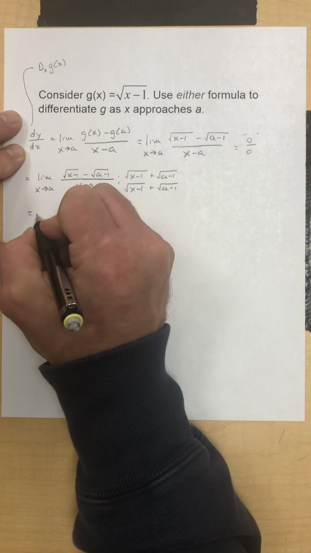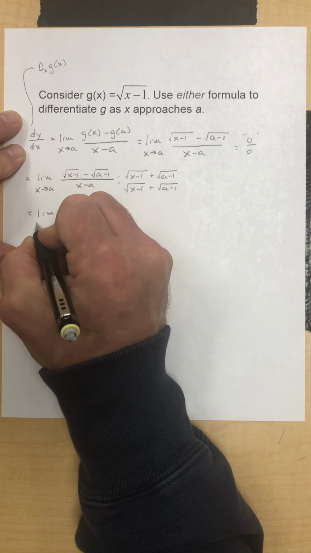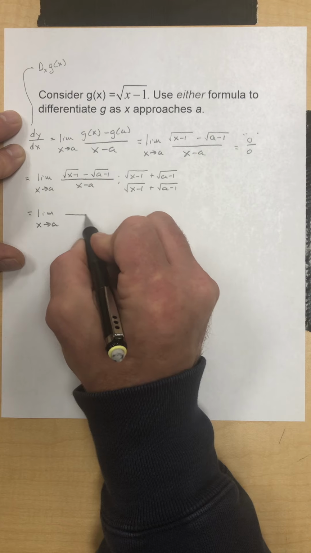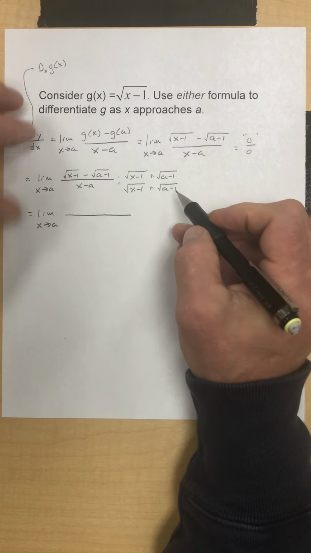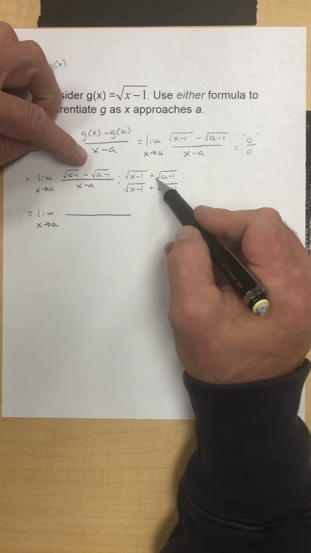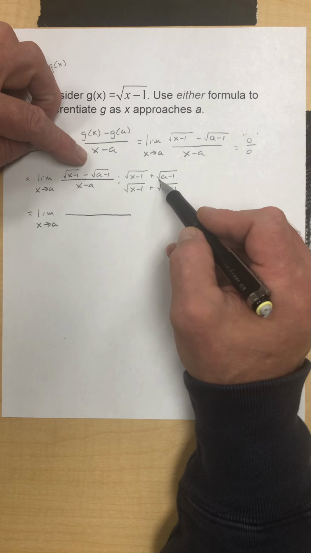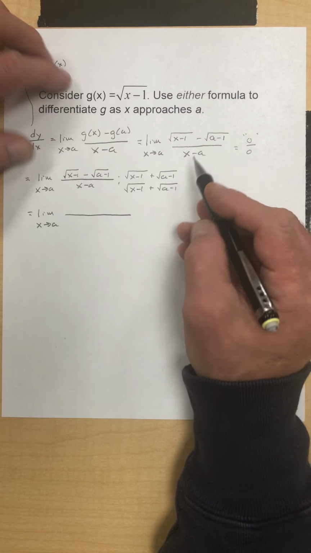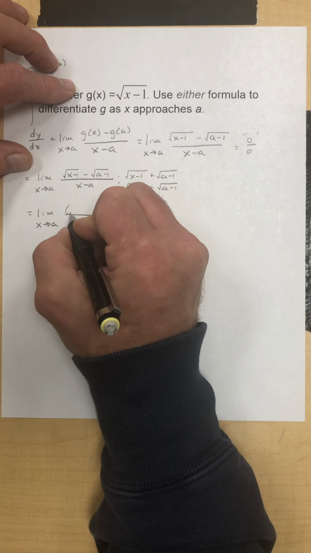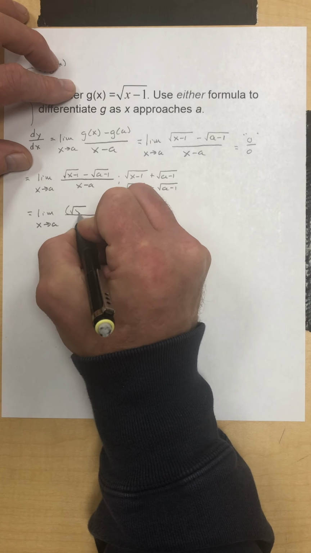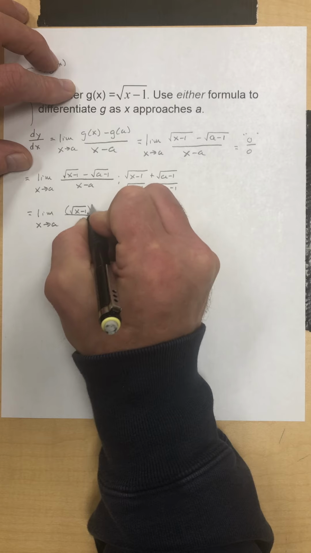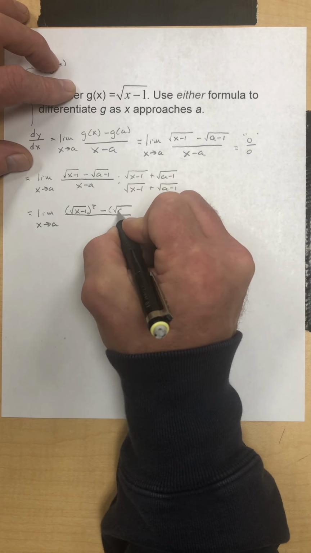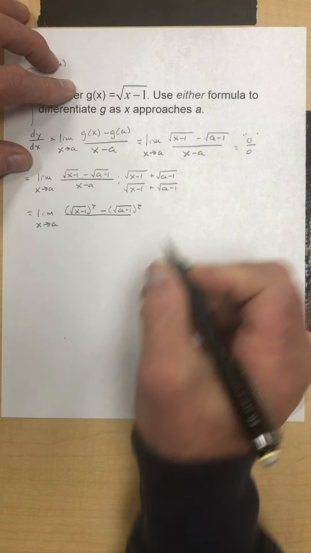Now when you multiply conjugates, you get a difference of squares. If I multiply this binomial by that binomial, the outer and inner terms cancel each other out, so I just get first term squared minus second term squared. So I would have radical x minus 1 squared minus radical a minus 1 squared.